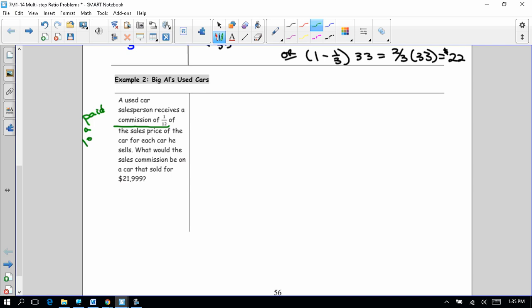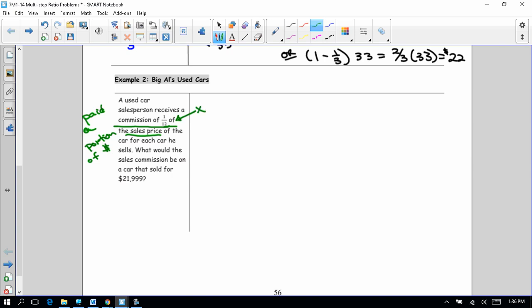I'm not getting that to work. Won't write that for me, you guys. You get paid a portion of the money. And according to this, I get 12% of the sale price. Well, I know a key word right there is the word of.